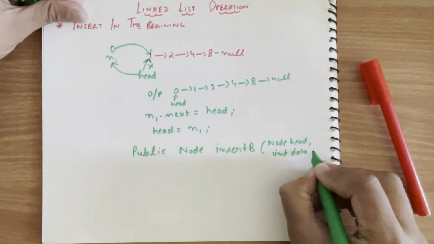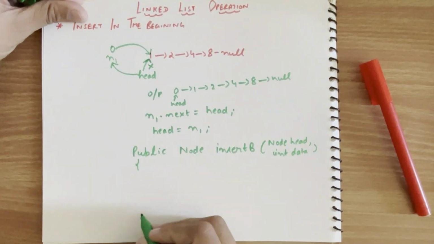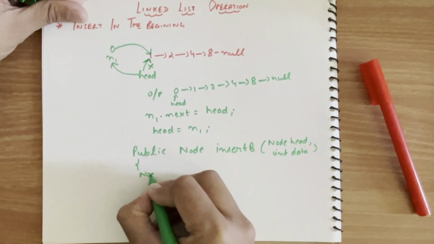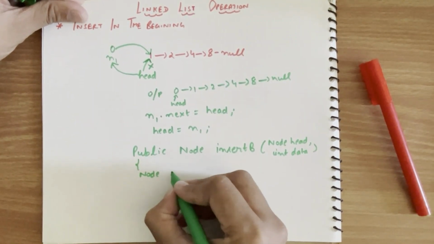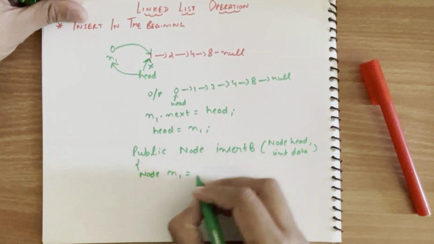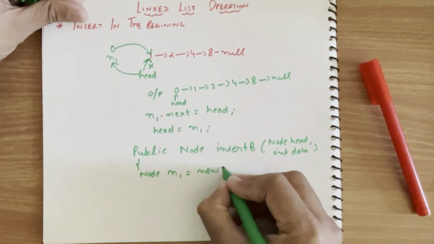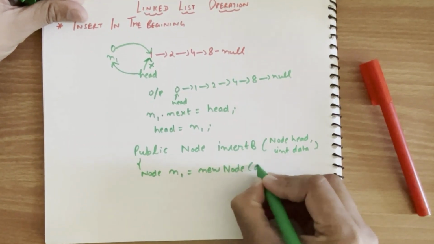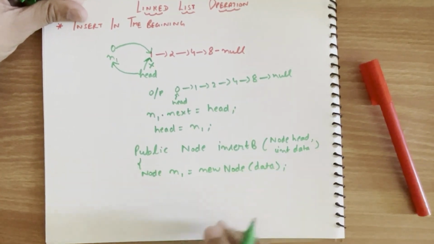The first thing we will do is create the new node. We already know from our previous video how to create the node class and how we can create a new node. Node n1 is equal to new Node(data), right?